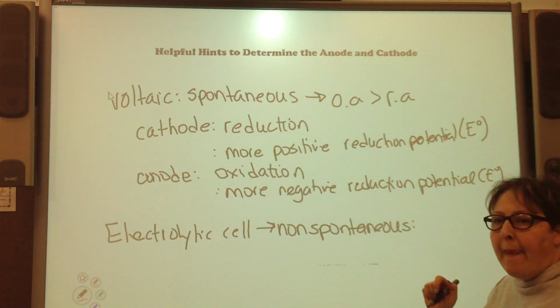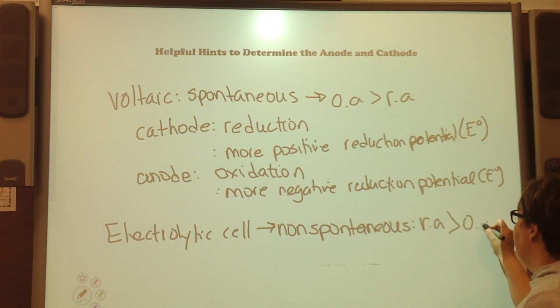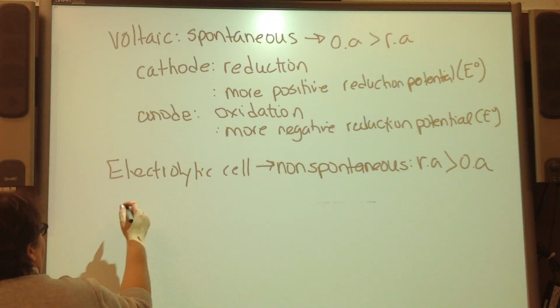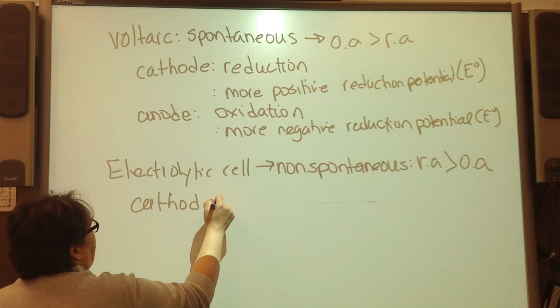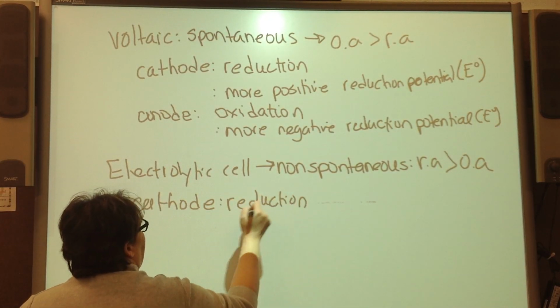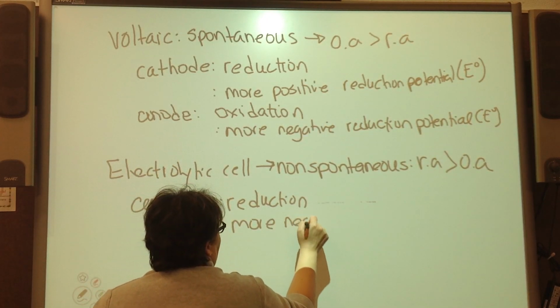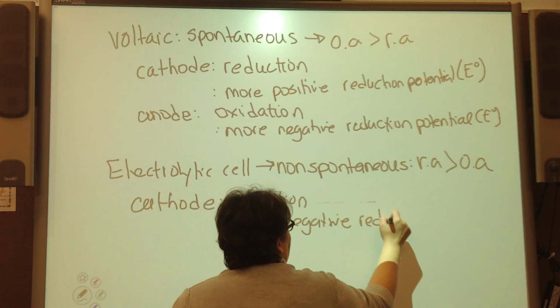Reducing agent is greater than your oxidizing agent. So, again, we have a cathode. What happens at the cathode? Reduction. Doesn't change. However, we're going to see a more negative reduction potential here.